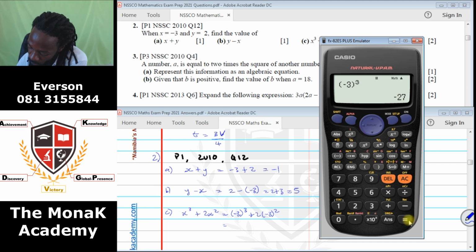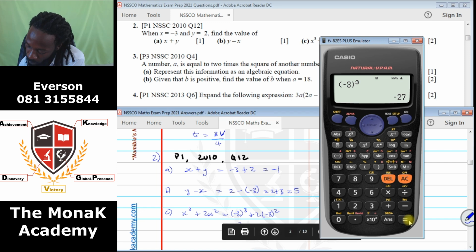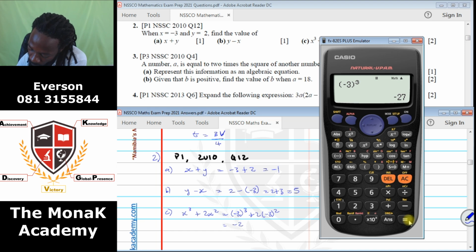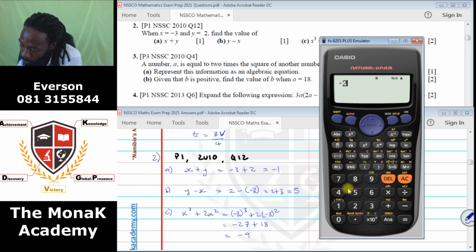This is what you get. Negative 27. And then the other one, you take 2, you put your negative 3 in brackets, you square, you get positive 18. So when you put together, you get negative 9. Negative 27 plus 18 equals negative 9.